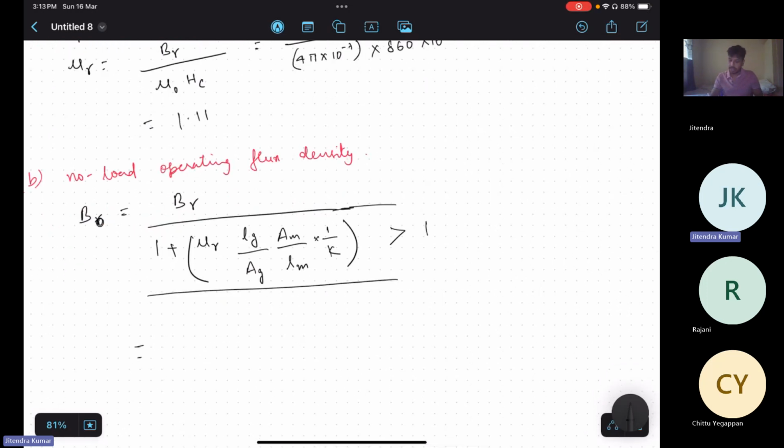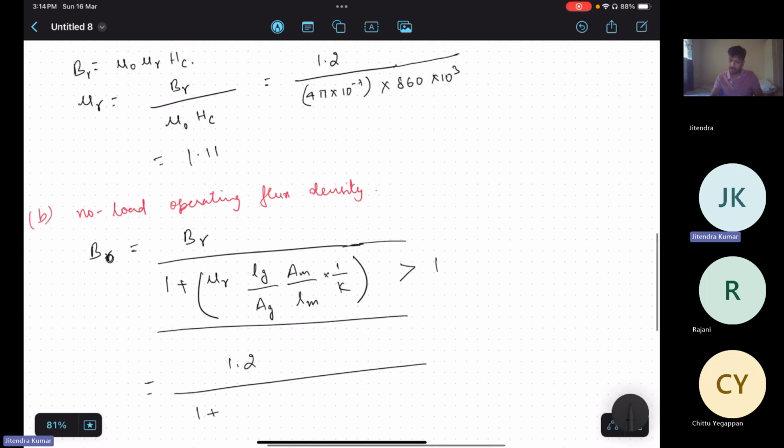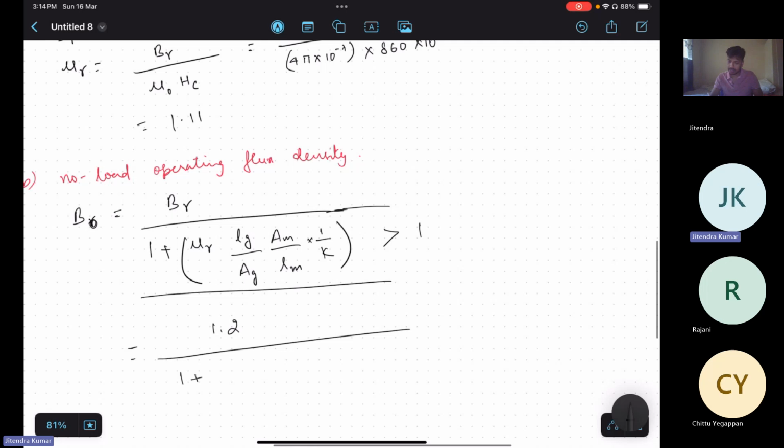Now, if I plug in all those values, 1 plus mu r is given, or mu r that we just calculated, 1.11.